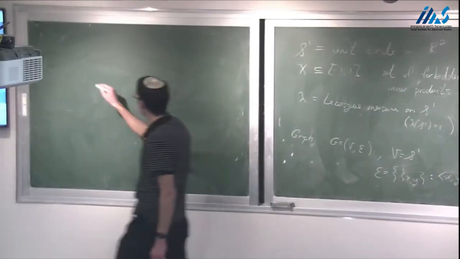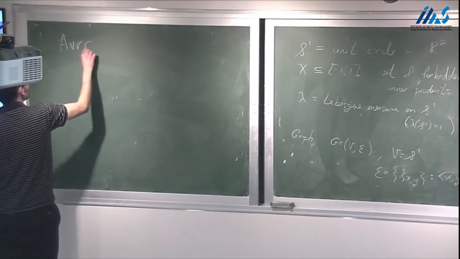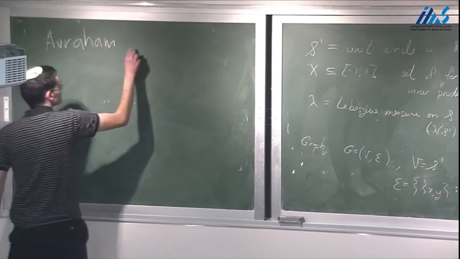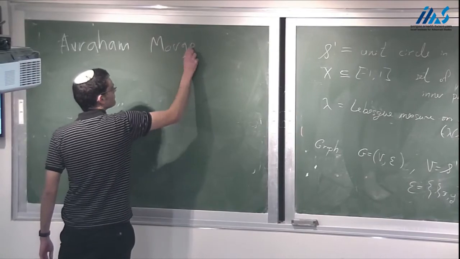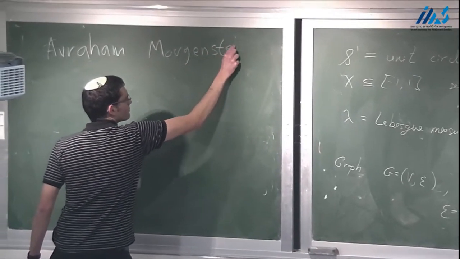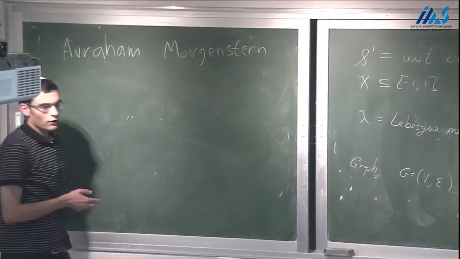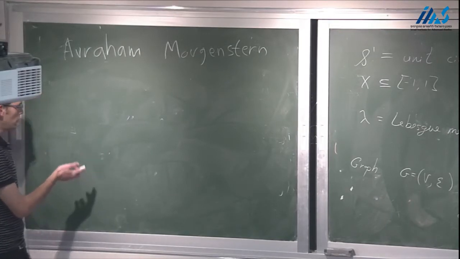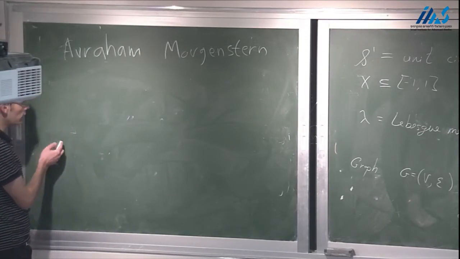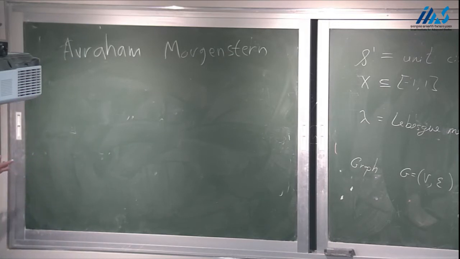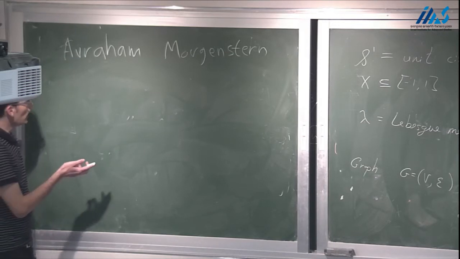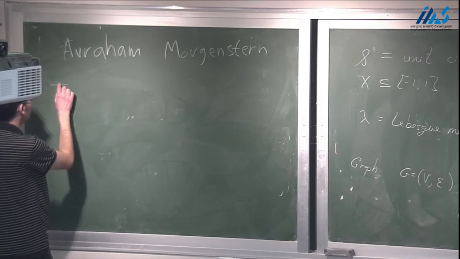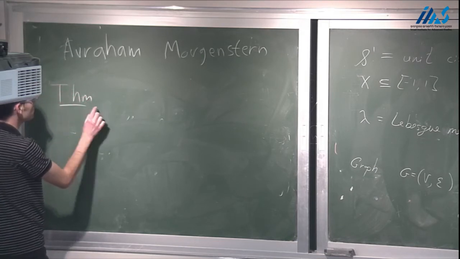So my name is Avraham Morgenstern, and I want to ask a question about directed graphs. A directed graph is a simple directed graph, no loops, no multiple edges. So I'll state a theorem.